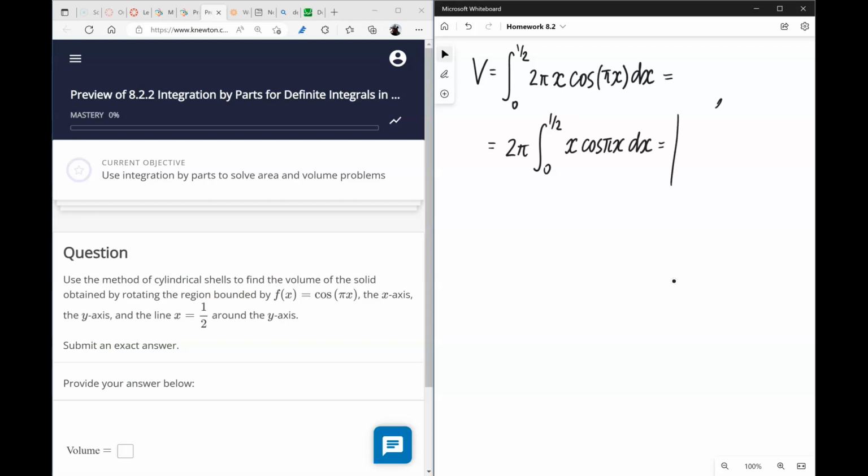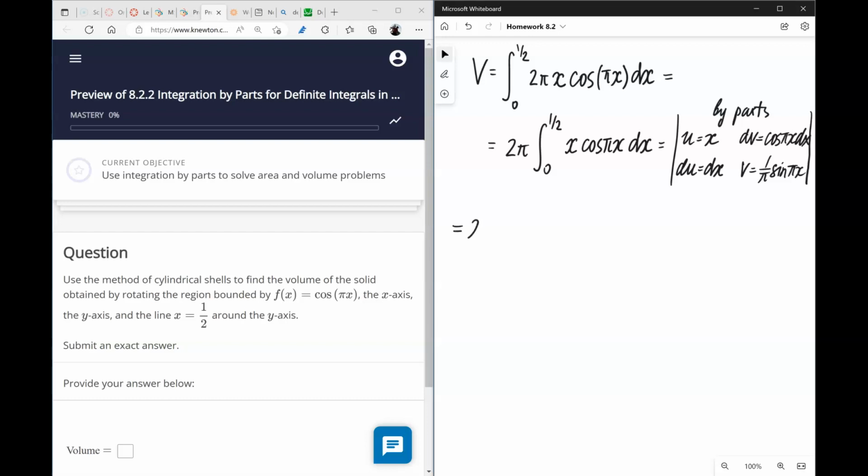Now we set up integration by parts. u is x, du is dx, dv is cosine pi x dx, and therefore v will be the integral of this, which is 1 over pi sine of pi x. So that's just a simple linear substitution.